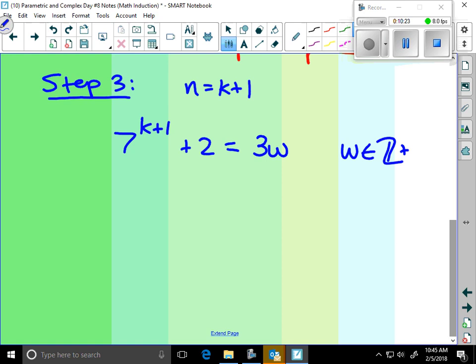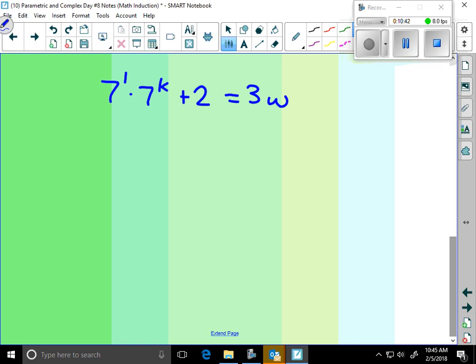Okay, so what the heck? Now what? Okay, so 7 to the first times 7 to the k plus 2 equals 3w. Can I substitute now? No, I can't. I cannot, Jenny.